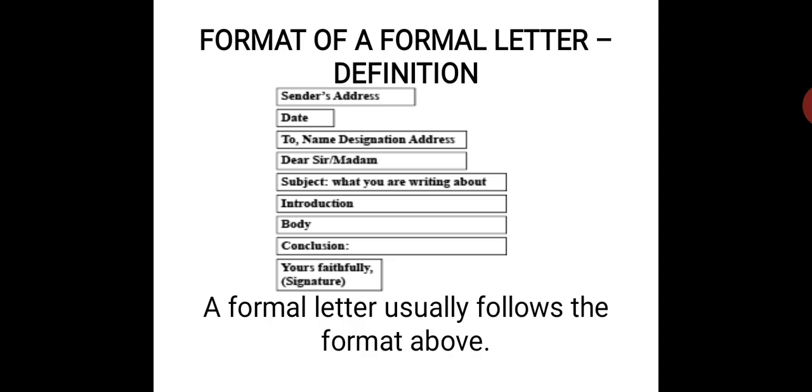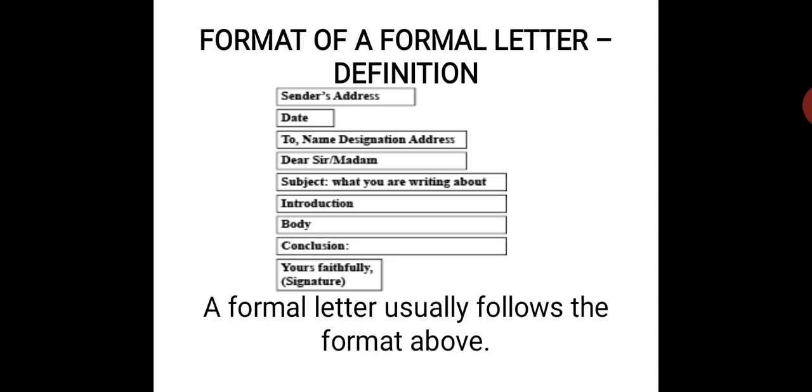This letter's format is categorized in 8 portions. Number 1, sender's address. Number 2, date. Number 3, to name, designation, address. Means the person to whom you are sending the letter, that person's name, designation as well as address.